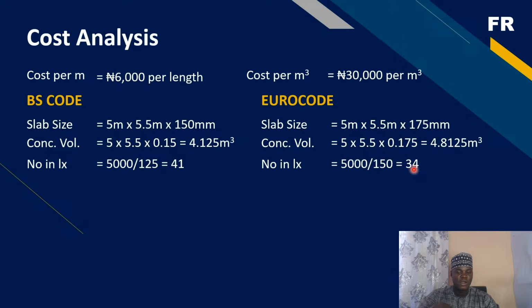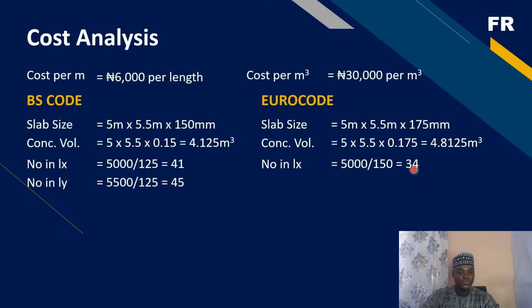34 number. Then along the long span, the size of the long span is 5.5 meters. So at the end of the day, we are having 5.5 divided by 125.